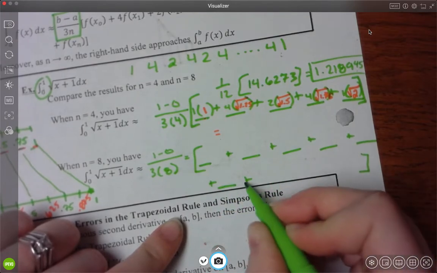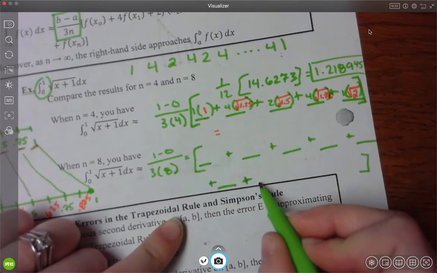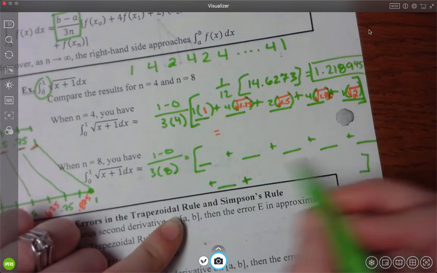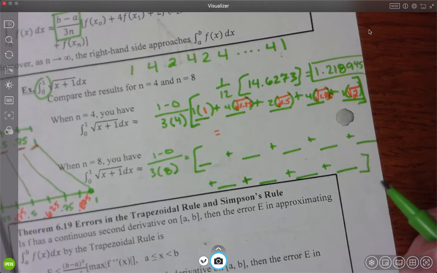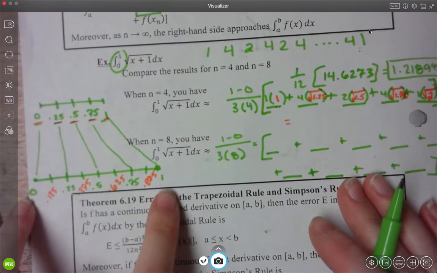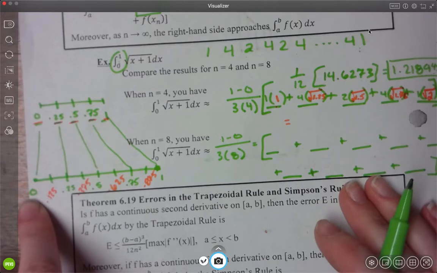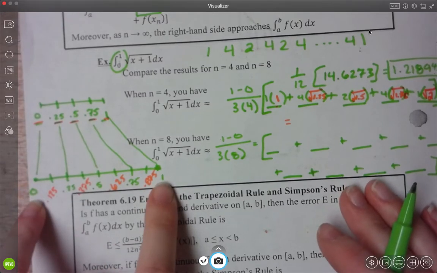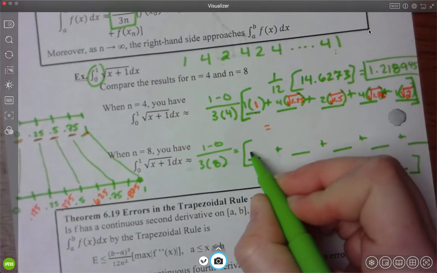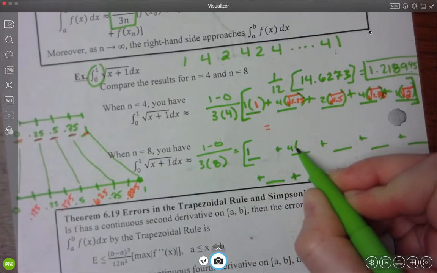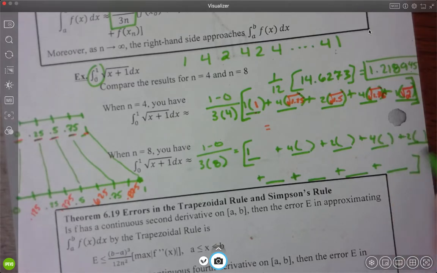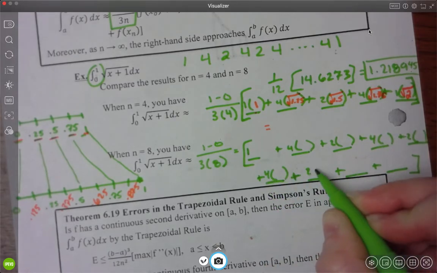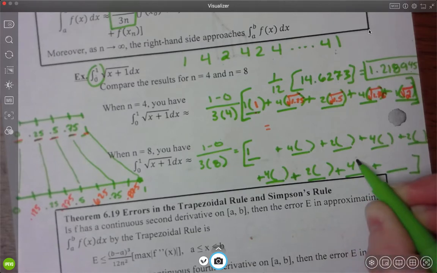If I'm separating it into 8 pieces, think about how many little blanks I'll have to fill in. 1, 2, 3, 4, 5, 6, 7, 8. I will have to have 9 of them because of the start and the ending one. Including 0 and including 1, there will be 9 numbers that I'm going to have to plug in. So coefficients are still 1, 4, 2, 4, 2, 4, 2, 4, and 1.